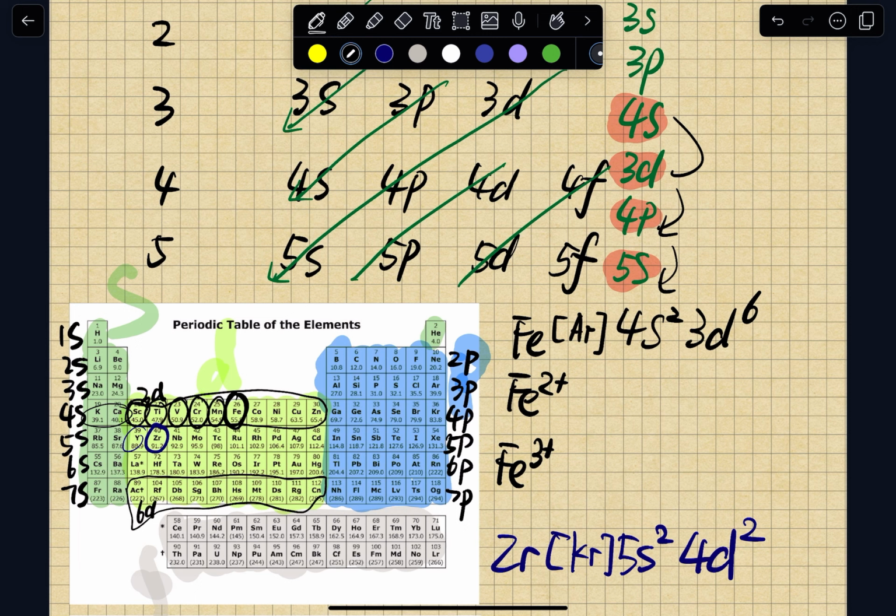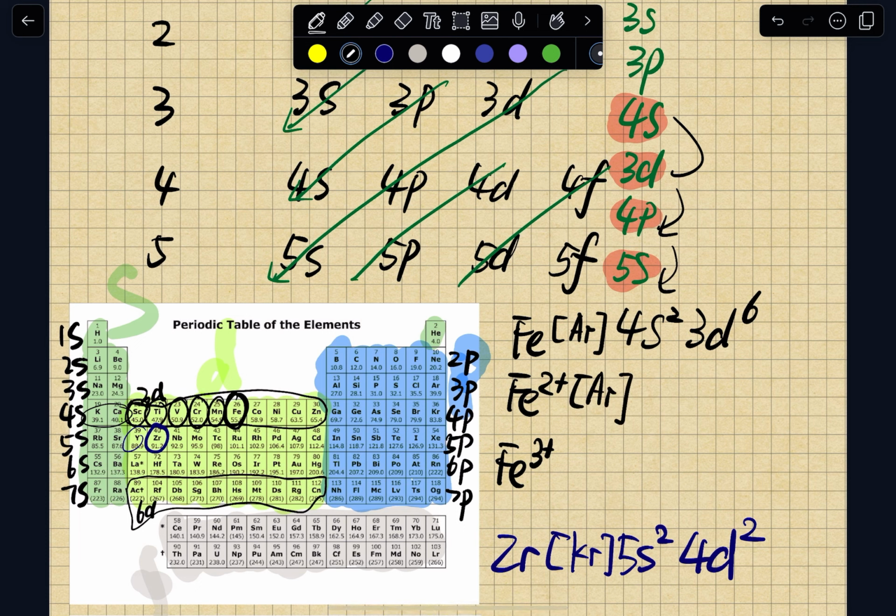Don't get intimidated by the plus charge sign. 2+ simply means you have 2 fewer electrons, because you lost 2 electrons, so you have 2 positive now. So we just have to get rid of 2 electrons from here.